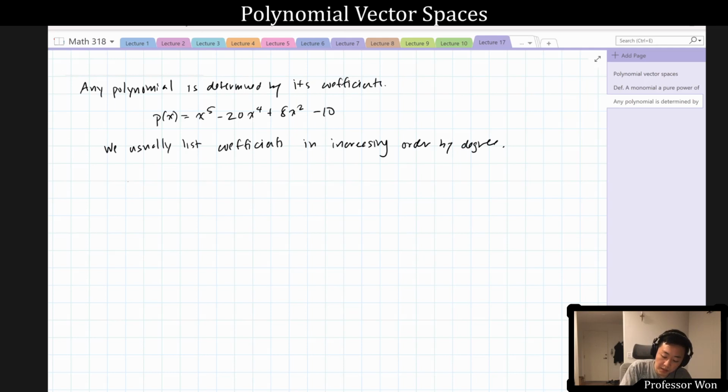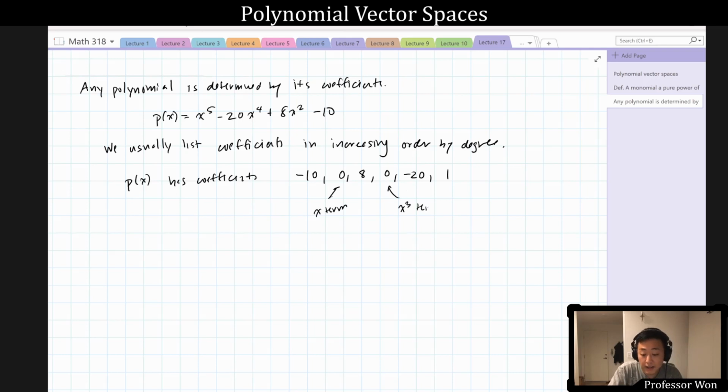Right, so p of x has coefficients -10, 0, 8, 0, -20, 1. Again, I'm including the x term and the x cubed term, even though they sort of don't appear. They do appear, they just appear with coefficient 0. That's a scalar multiple times x, right? And now the thing to notice is if I hand you these coefficients, you know exactly what the polynomial is.